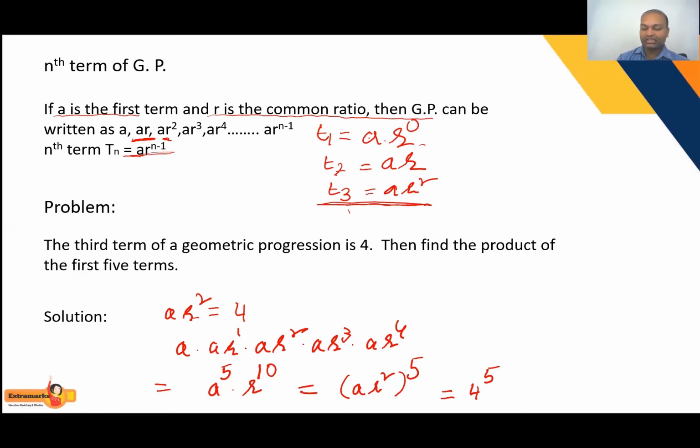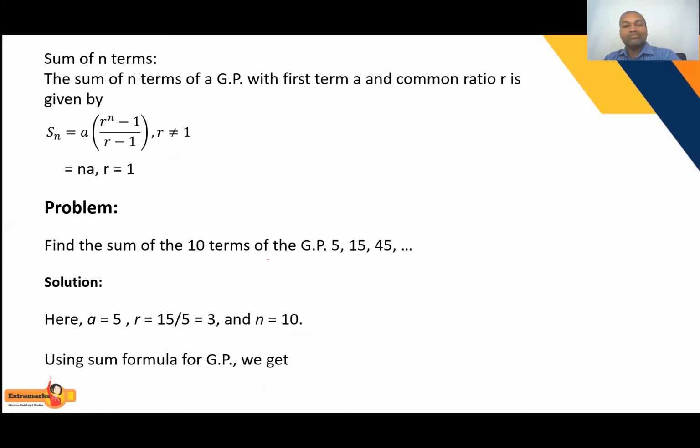Let us come to the next one, sum of n terms. See here, same as usual, I am taking the first term as a and the common ratio as r.